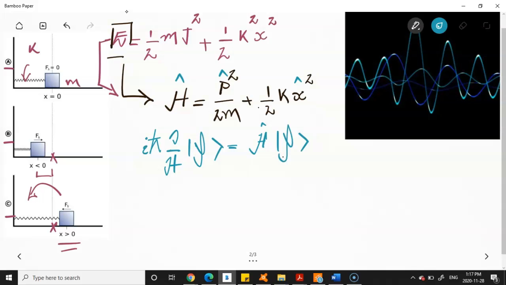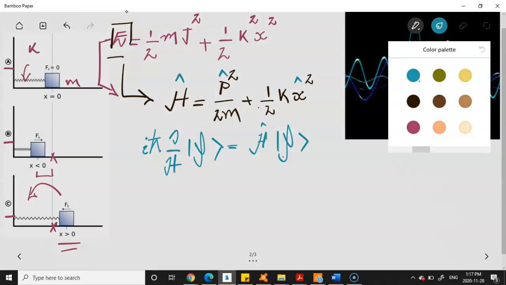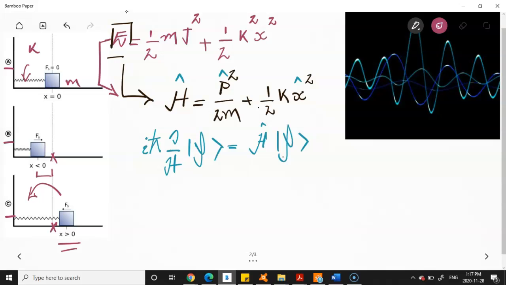In order to get there, we have to write H hat in terms of some operators. I'm not going to talk about that in detail because it would be too much. But remember that for p in quantum physics, they replace it with i h bar times the partial derivative with respect to x.